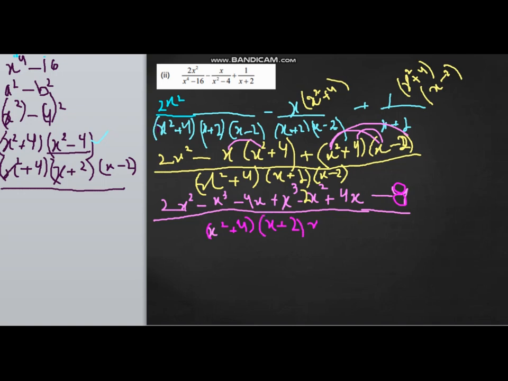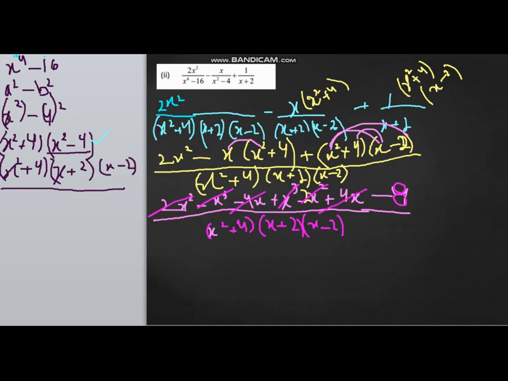Okay, so as you can see, -2x squared and +2x squared cancel out, then -x cubed and +x cubed cancel out, then -4x and +4x also cancel out.